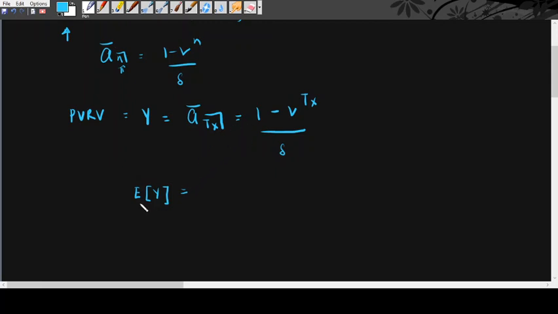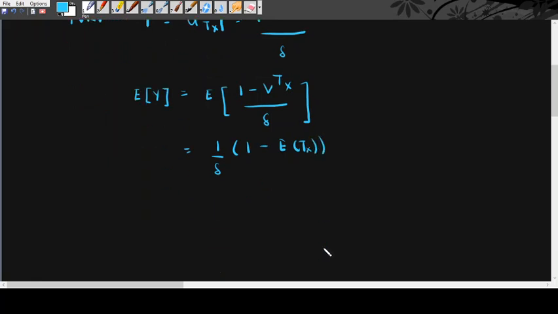Okay, so when we are talking about the expected value, it will be equal to the expected value of the whole thing here, which is 1 minus v^Tx over delta. Expected value of a constant is still a constant, 1 over delta. Expected value of 1 is 1, minus the expected value of v^Tx.